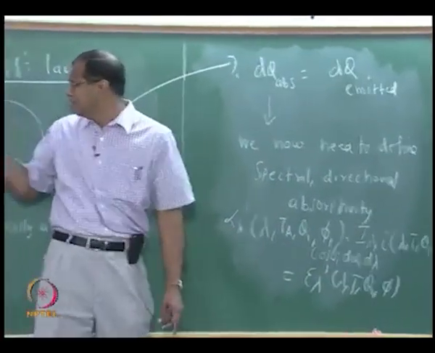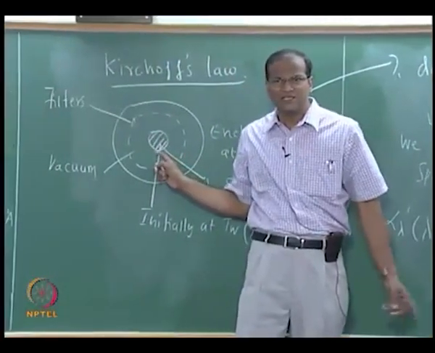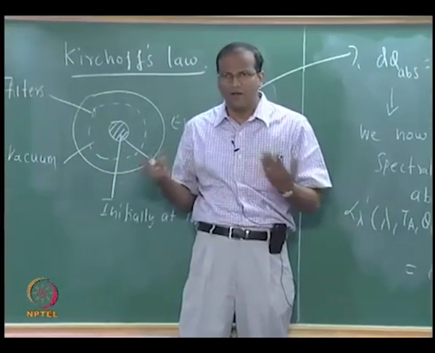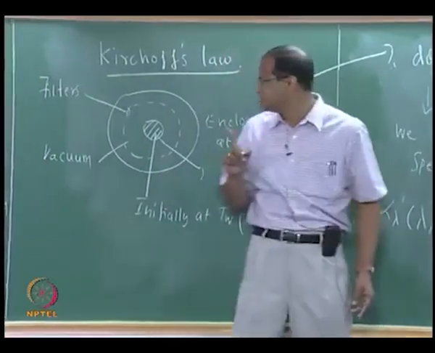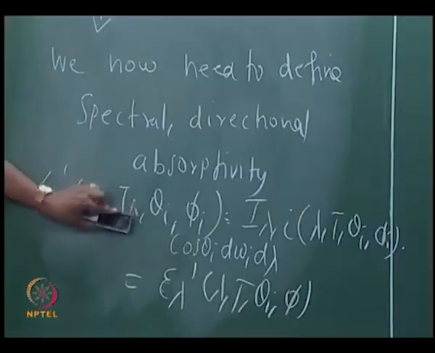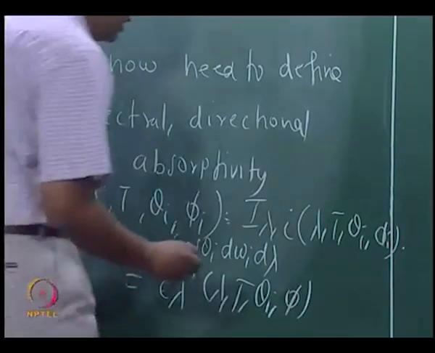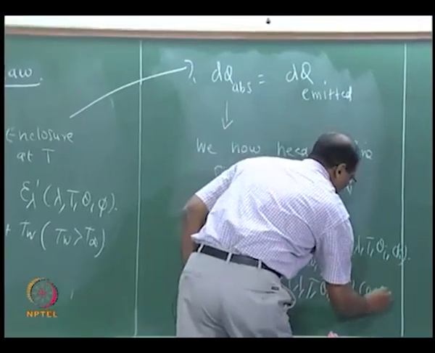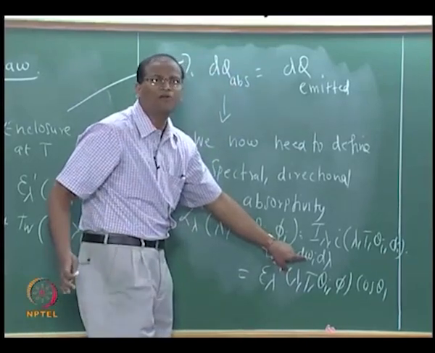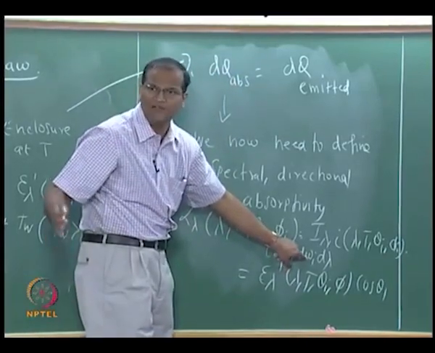When you apply it to this, be very careful. The surroundings of the enclosure and the body all are at what temperature? T. So I should not use a different temperature, right? Okay, T. If you don't like d omega I, you are welcome to put sin theta I d theta I d phi I, I have no problem, right?